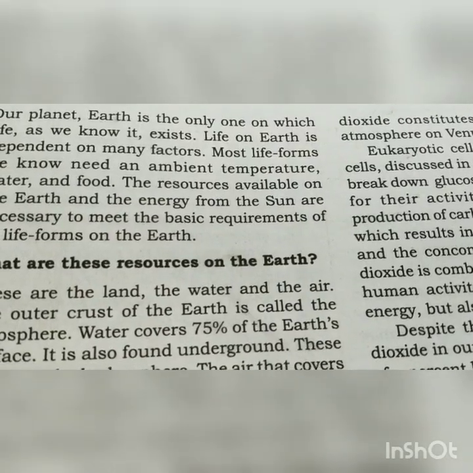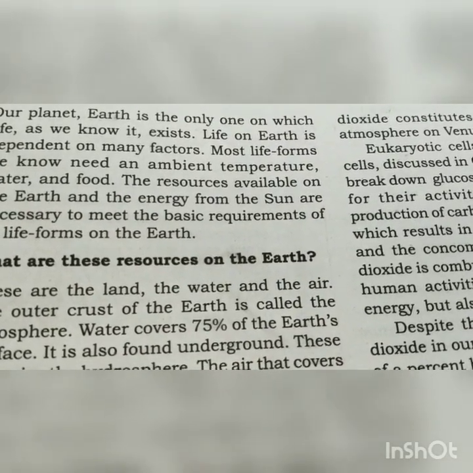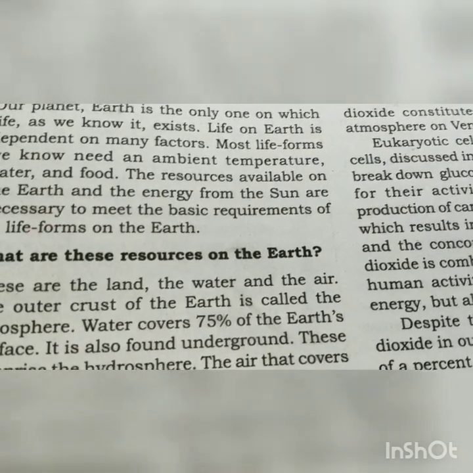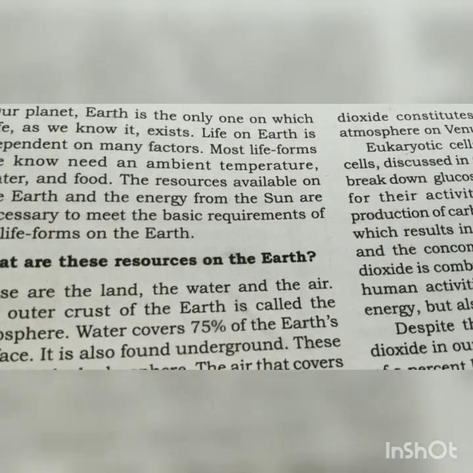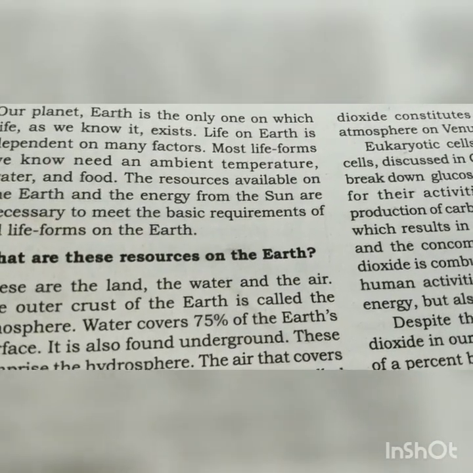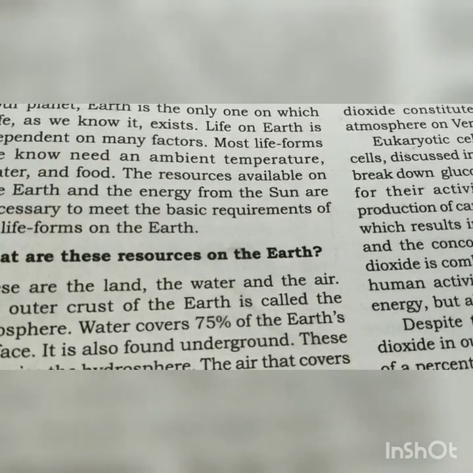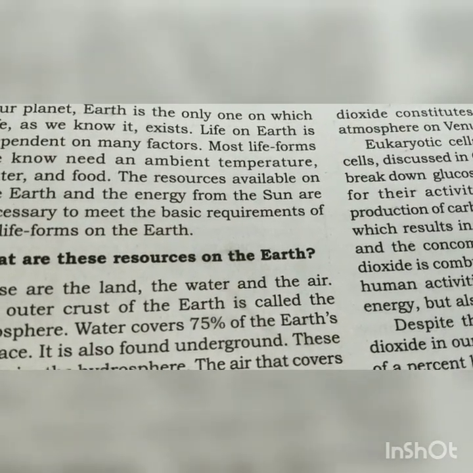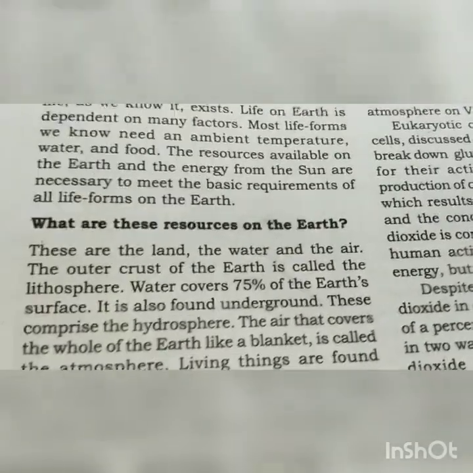And whatever resources are available on the Earth and the energy which we get from the sun are necessary to meet the basic requirement of all life forms on the Earth. So this energy and the available resources fulfill the basic requirement of life on Earth.